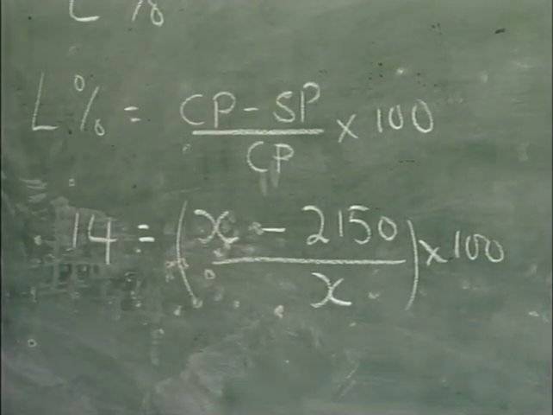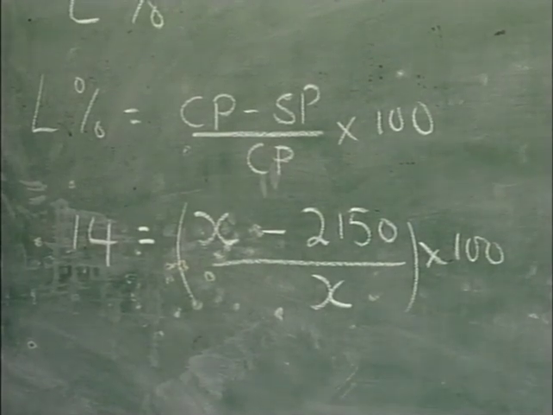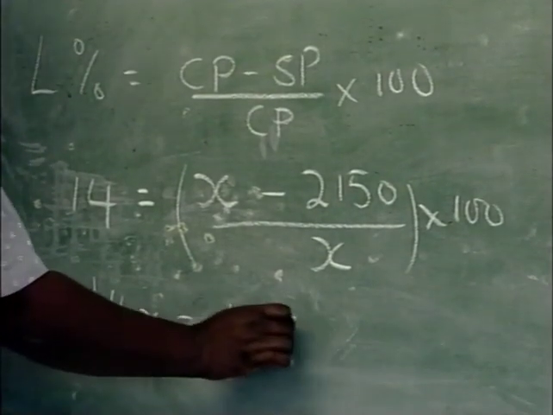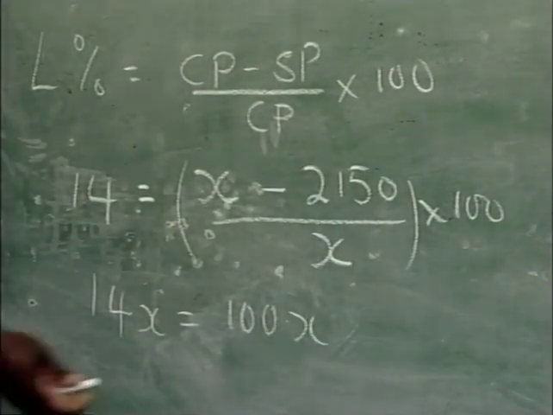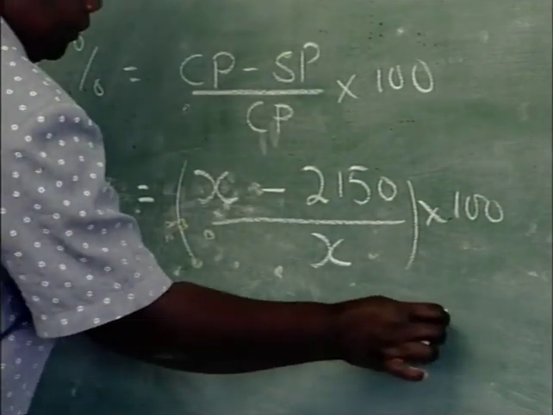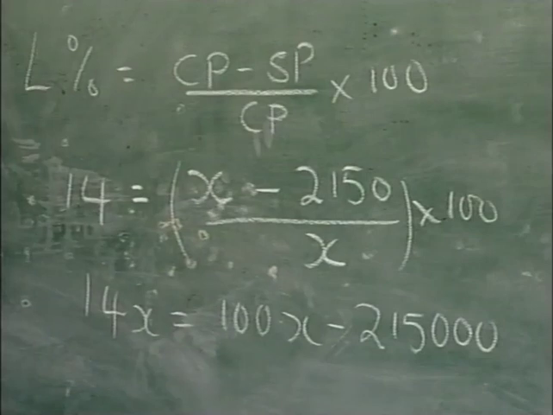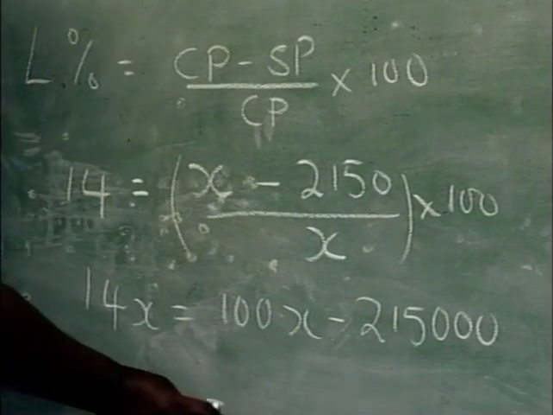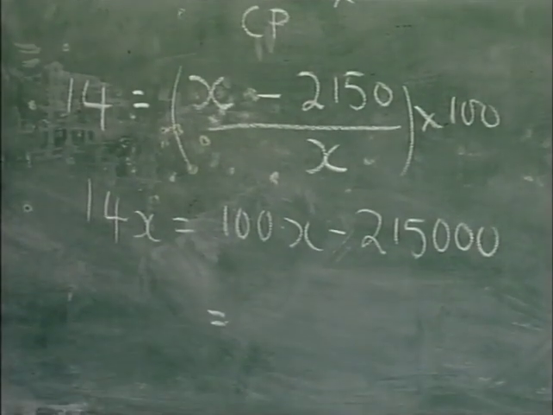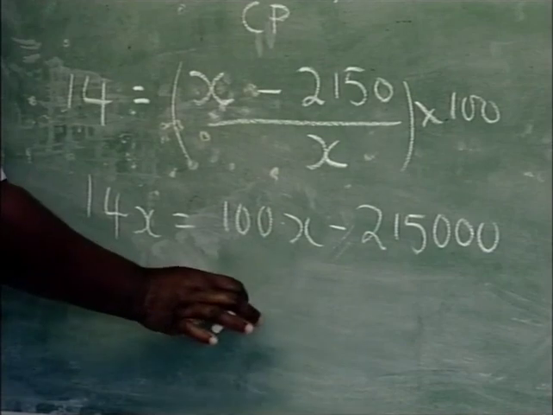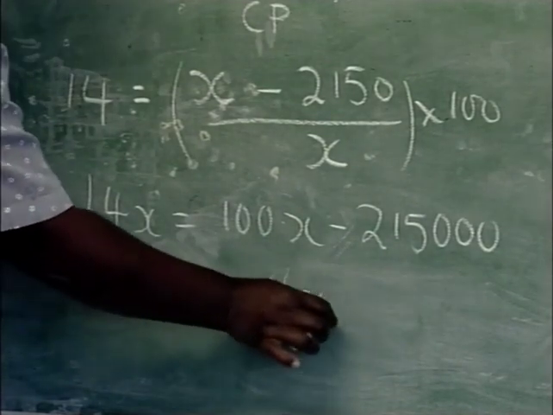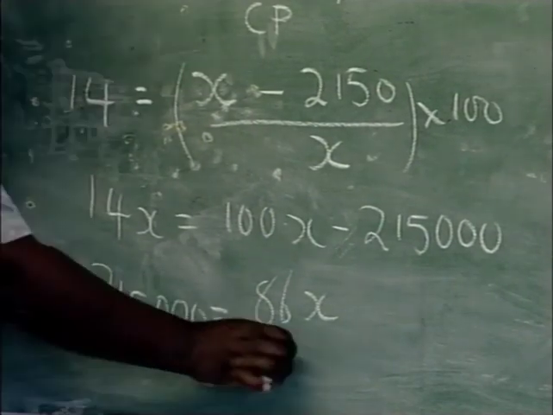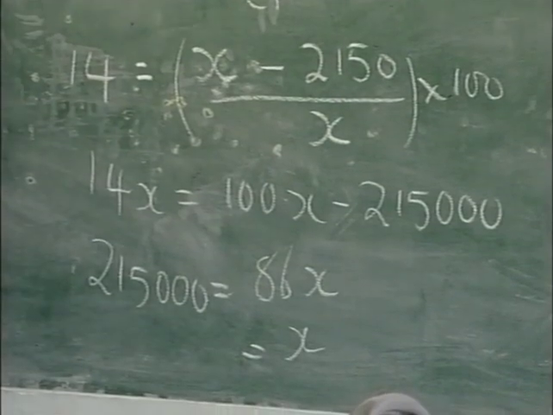So if I multiply through by X, I will get 14X equals 100X minus 2,150 multiplied by 100, which gives 215,000. If I subtract 14 from 100, I will get 86. So 86X equals 215,000. Okay, divide 215,000 by 86.